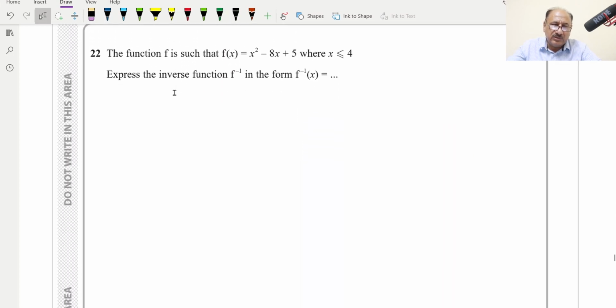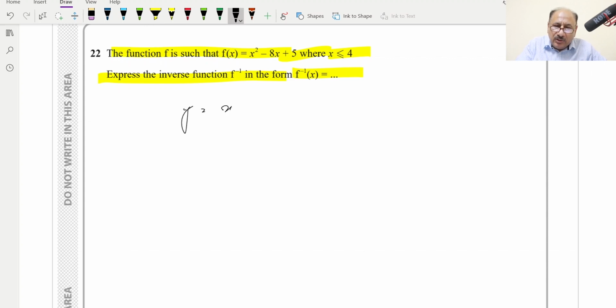Then question number 22. The function f is such that f of x is equal to this one, x is less than 4. Express the inverse function f inverse in the form of this one. So we can write y is equal to x square minus 8x plus 5, and now we have to make x the subject.